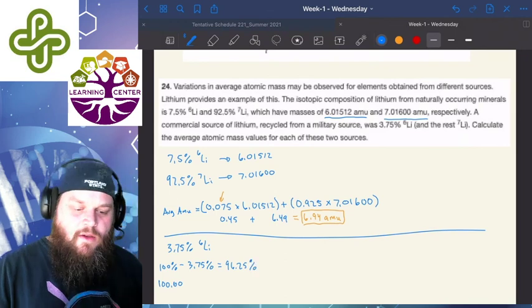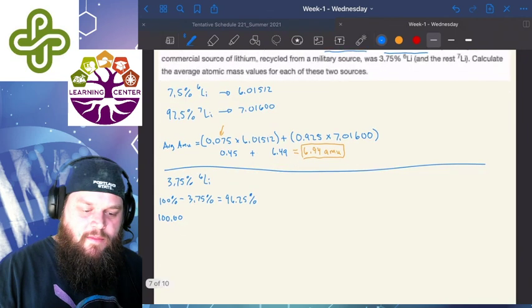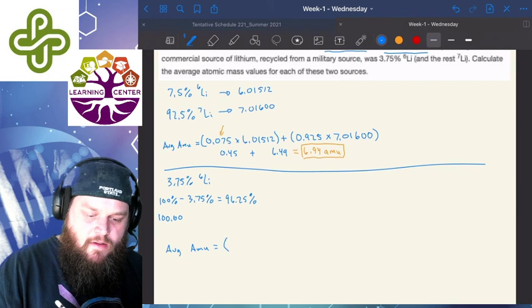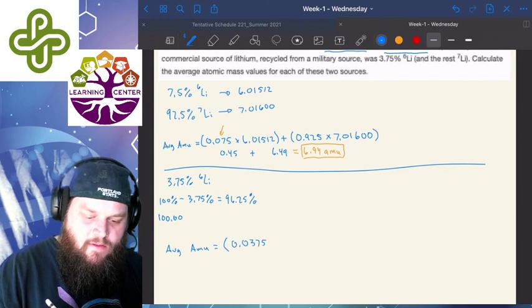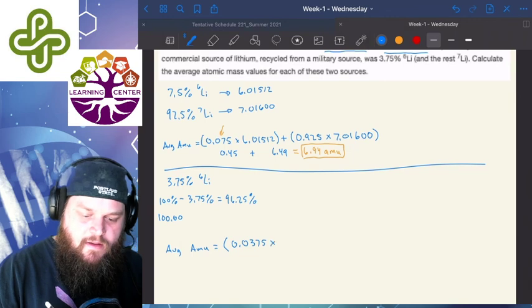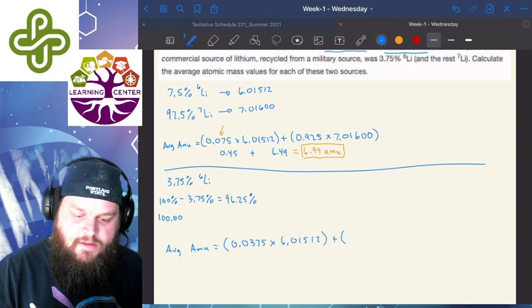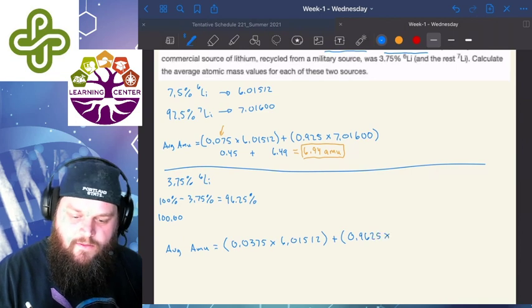So now we can go ahead and do that same calculation that we did before, where my average AMU is equal to 0.0375 times 6.01512 plus 0.9625 times 7.01600.